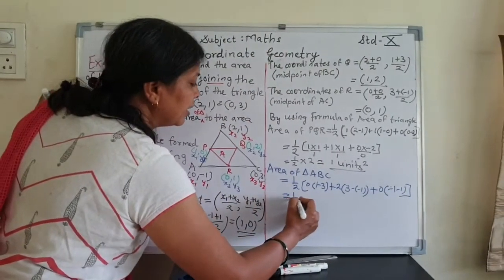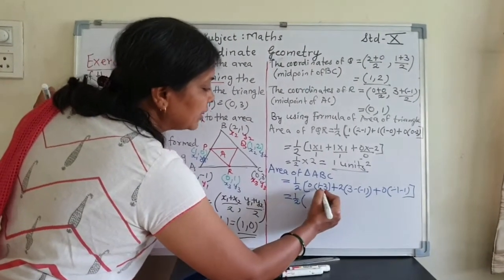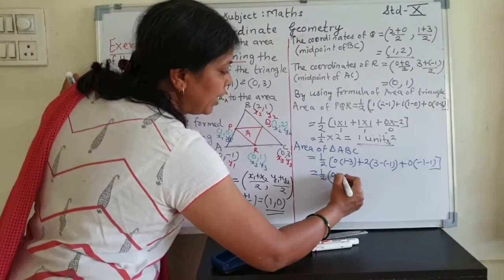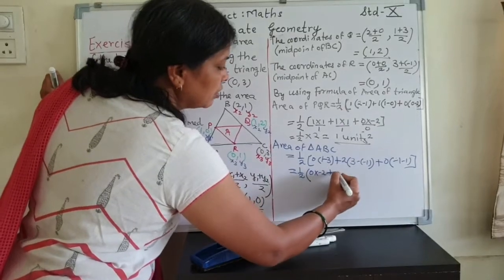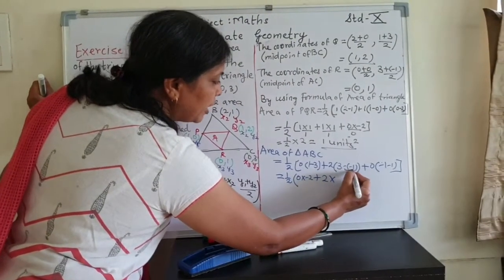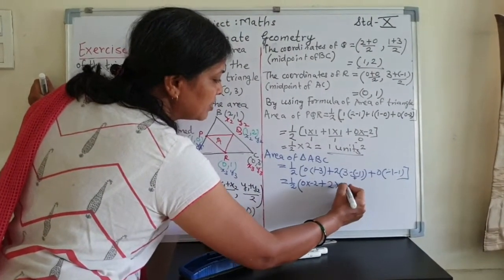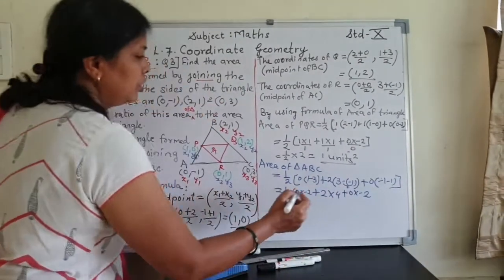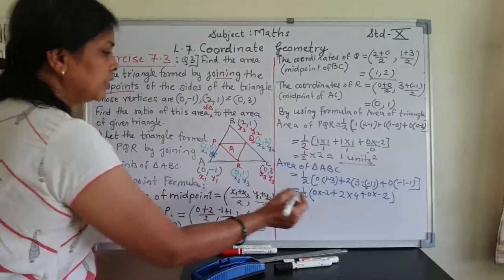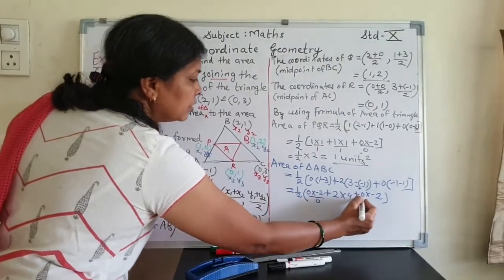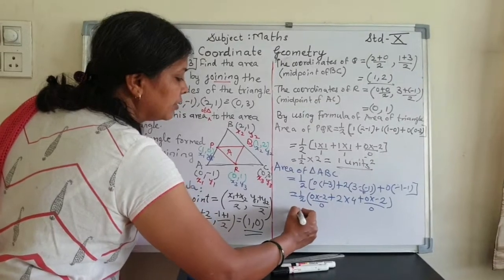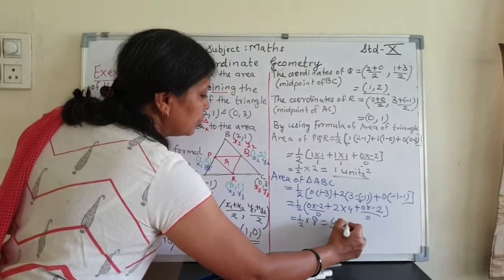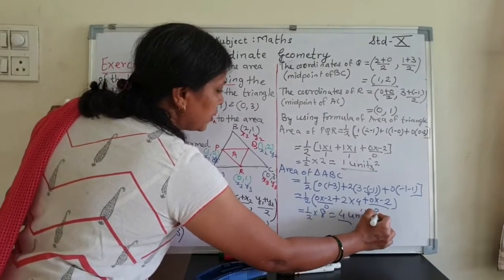So here we get half into, simplify this, 1 minus 3, 0 into minus 2 plus 2 into, this becomes plus, so 3 plus 1 gives us 4, plus 0 into minus 2. Now in this you can see that this is 0, this is 0. So 2 4s are 8. So half into 8 gives us 4 units square.